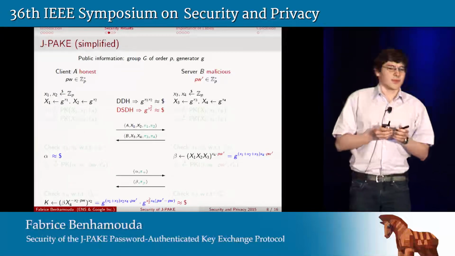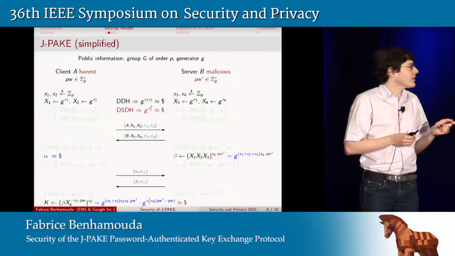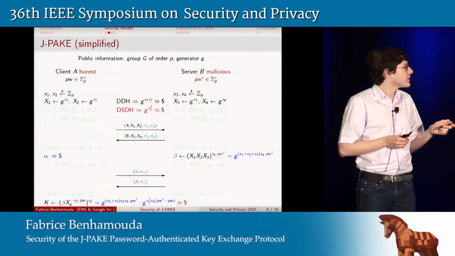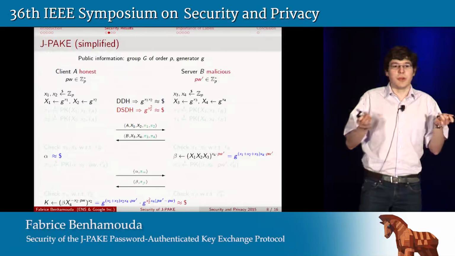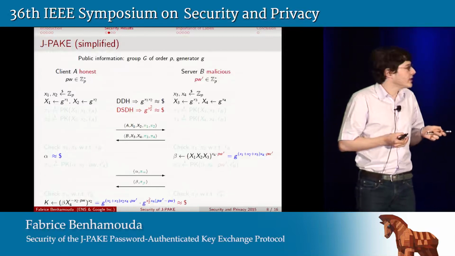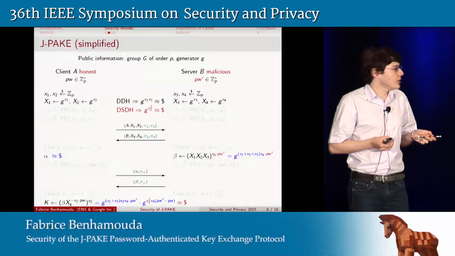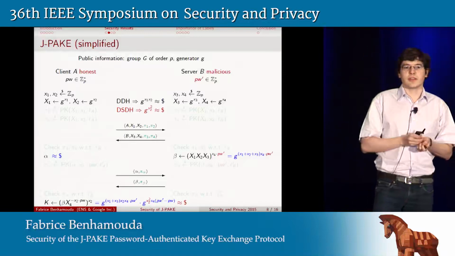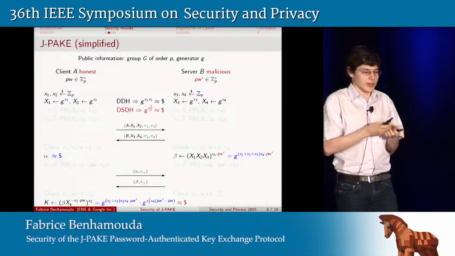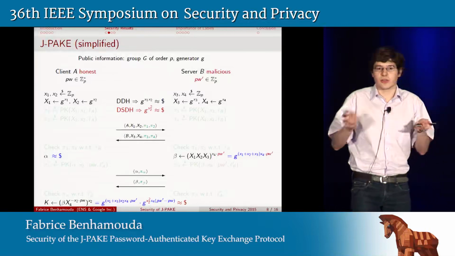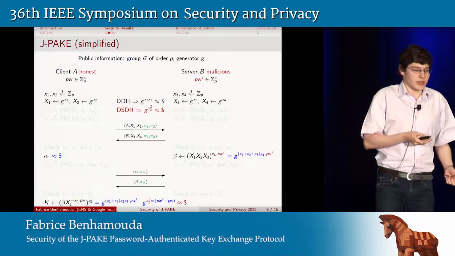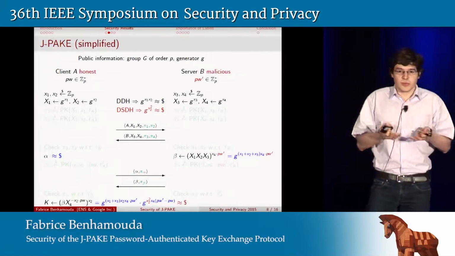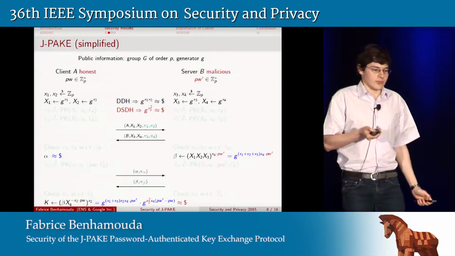But since the password of the client appears nowhere in the flow sent to the server, he has no idea what password the client used, and he may only guess, and if he guessed incorrectly, this means that the key will look random, and that intuitively means that the scheme is secure. So basically, the server can only guess the password, and if he did not guess correctly, he will not be able to know the secret key used by the client.